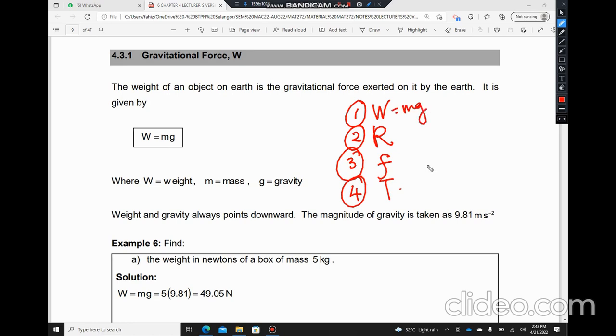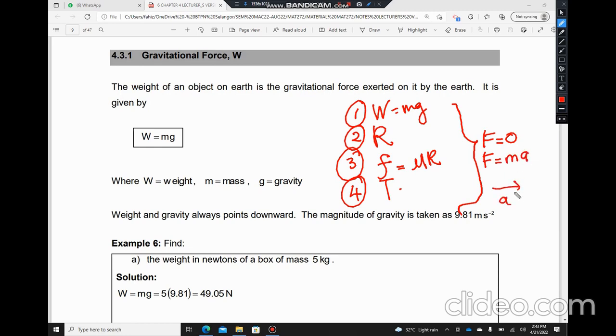Formula dia W equals to mg. Kalau kat sini boleh guna mu R. Kat sini boleh cari R kan. Okay, then this one based on the formula of force. So cumanya make sure kat sini semua kita guna Newton's law. Either F equals to 0 or F equals to ma. Depends.